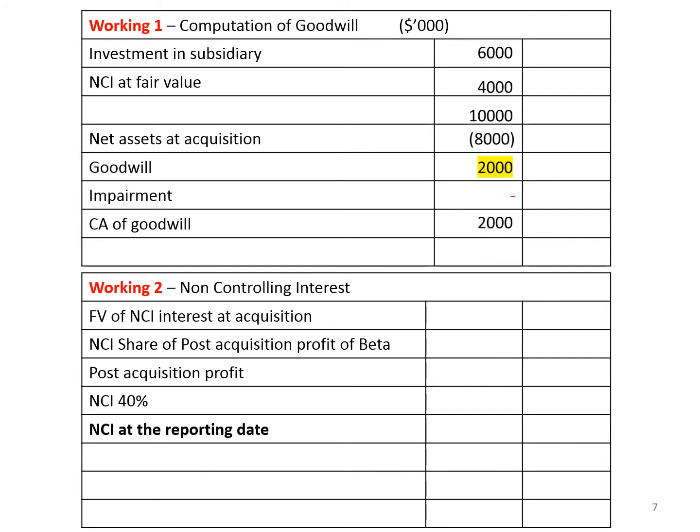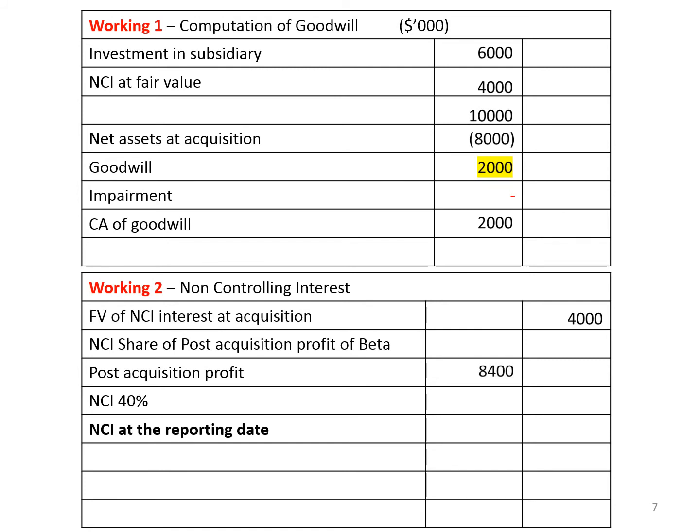Then second working, non-controlling interest. There are different approaches to compute non-controlling interest. So we'll first identify what is the non-controlling interest as of the date of acquisition. As of the date of acquisition, the fair value of non-controlling interest is 4,000. To this, we should add non-controlling share of interest in Beta's post-acquisition profit.